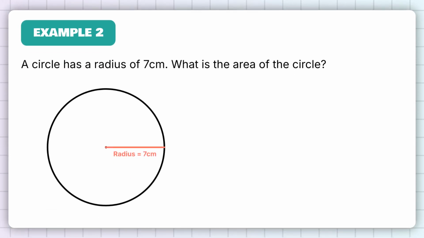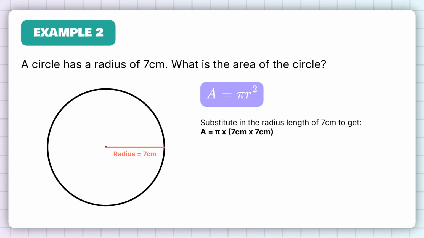Next, let's calculate the area of a circle. Again, pause and see if you can do this yourself. All right, let's work through this problem. First, recall the formula for the area, which is area equals πr squared. Using this formula, we can substitute r equals 7, and we find that the area is 49π centimeters squared.